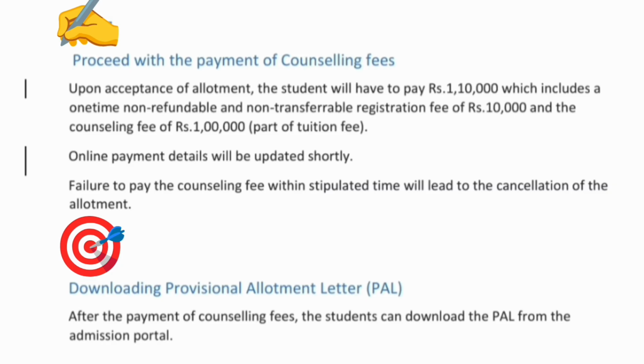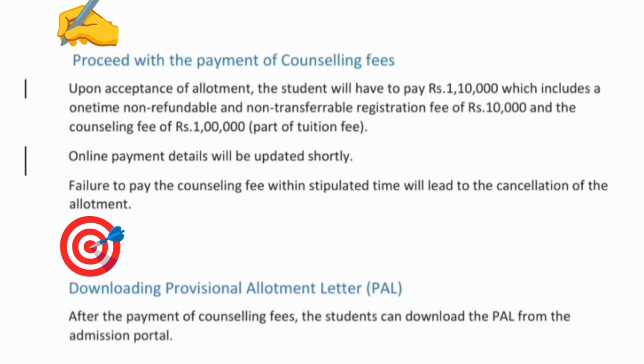So after the seat allotment, if you want to accept the seat, you will have to pay the counseling fees. Upon acceptance of allotment, the student will have to pay rupees 1,10,000, which includes a one-time non-refundable and non-transferable registration fee of 10,000, and the counseling fee which is part of the tuition fee, 1 lakh.